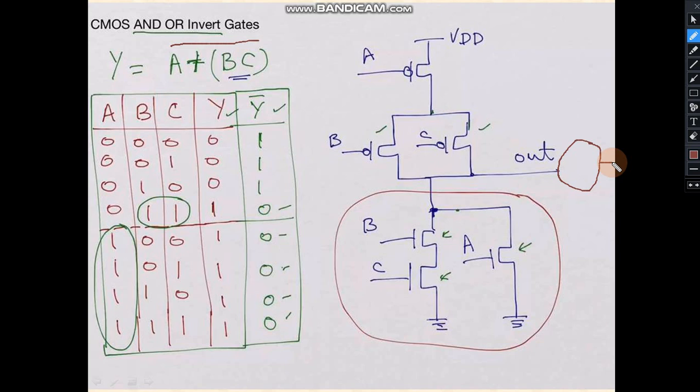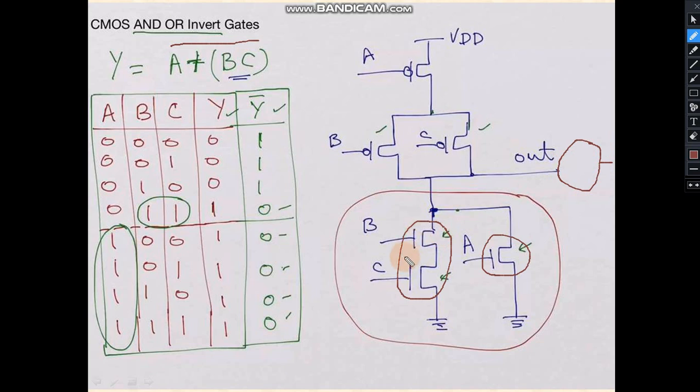We can see that in this circuit implementation, these two gates are in series, because this is B dot C. MOSFET A is in parallel with BC, so this is A plus BC, and the output is applied to the inverter.